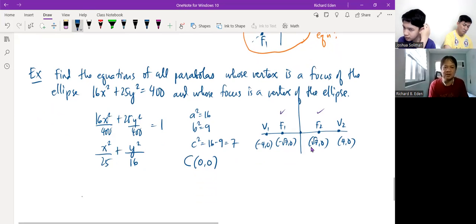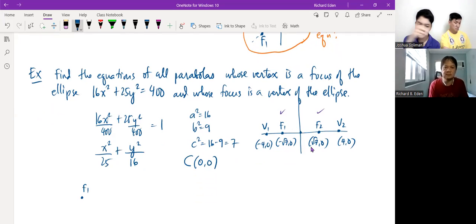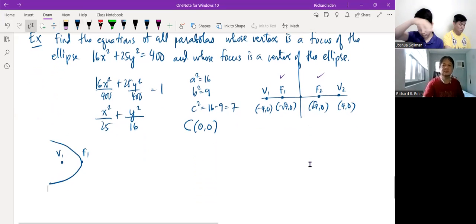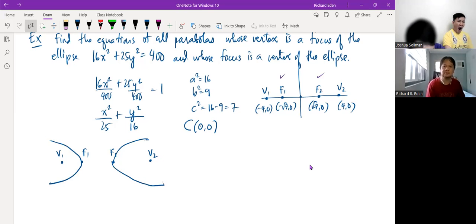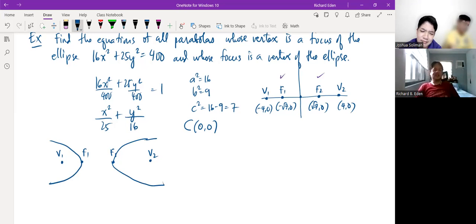So one possibility is... all right. So basically nangyayari, kung vertex siya ng ellipse, magiging focus siya ng parabola.